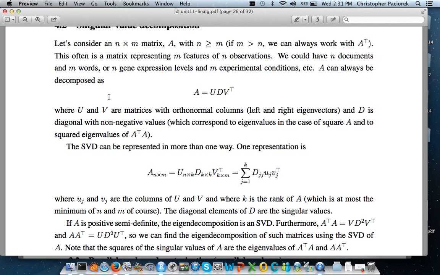Okay, so a useful way to think about this is if we think about the first document here, which is represented by the first row. These values here are basically weights on the different topics for the first document.